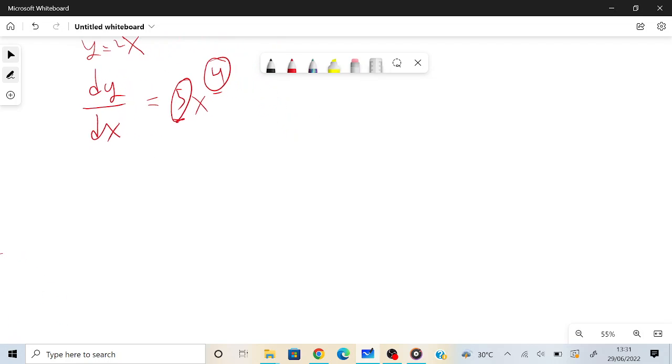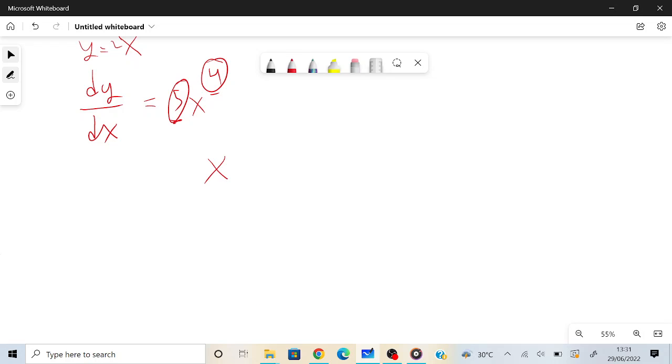On to the next example. It says to differentiate x. So you could say y is x. Now we know that when you say x, this is simply x to the power of 1. So your dy dx would now be 1, because the 1 comes in front, times x to the power of 1 minus 1, which is 0. Now this can be simplified.